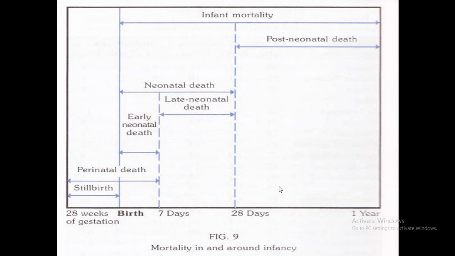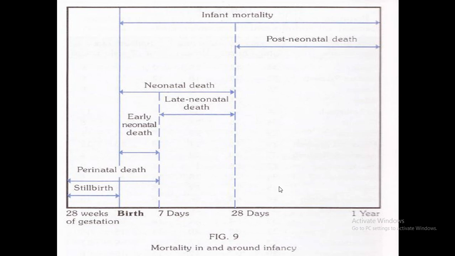There is a chance that the reporting of stillbirth and the reporting of early neonatal death may overlap. To prevent that problem, we use one more death calculation, that is the perinatal death. This perinatal death is a combination of stillbirth as well as early neonatal death.